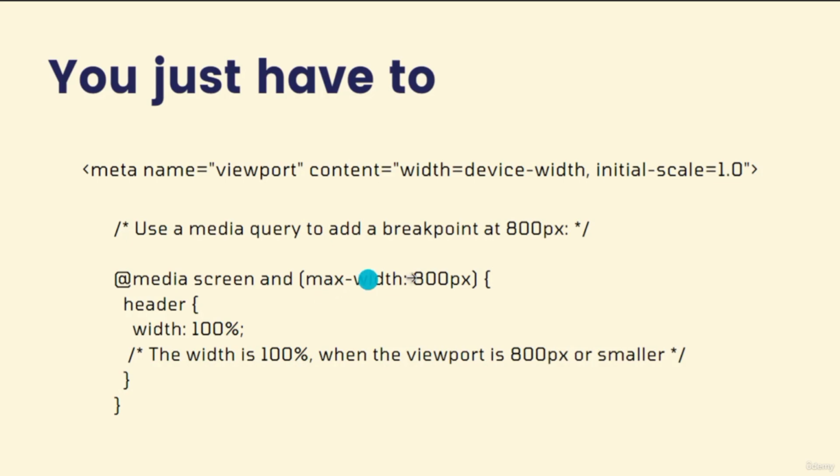We have min-width, which is going to be applied when the width of the viewport is equal to 800 pixels or greater. If you use max-width, it's going to be 800 pixels or less. Minimum is going to say from 800 pixels or more. You can change the width to height and stuff like that.